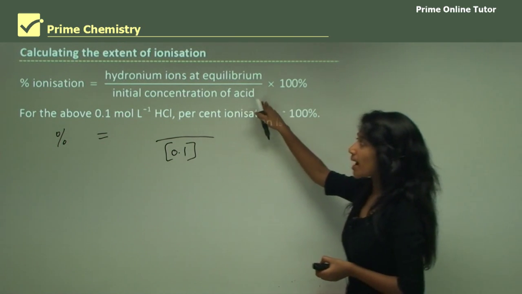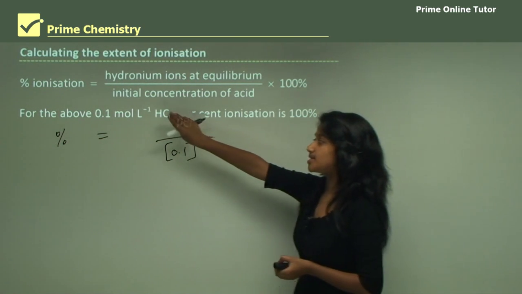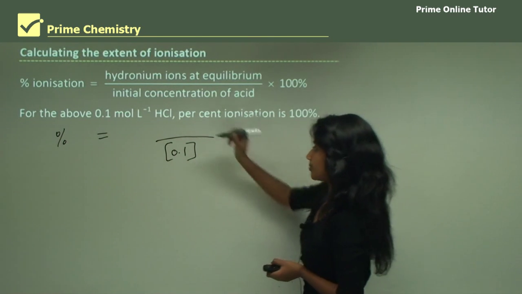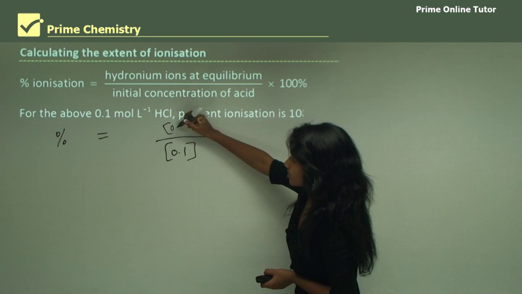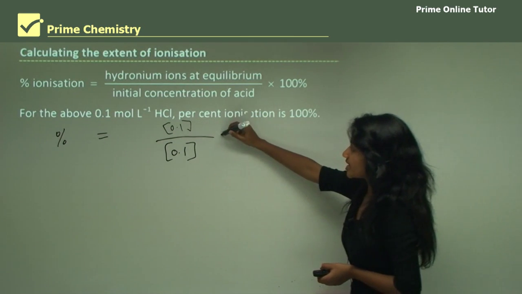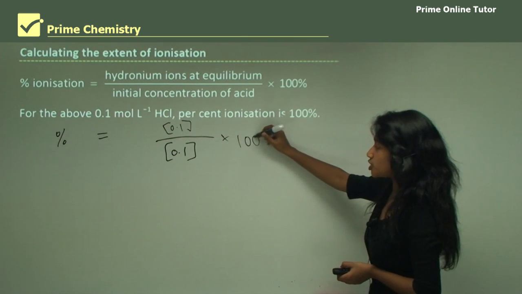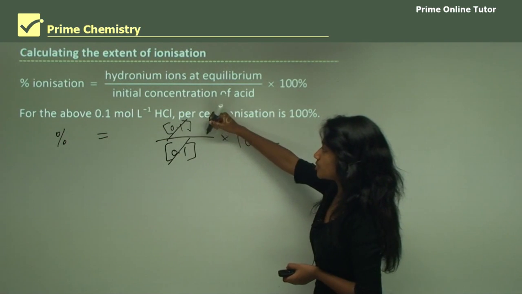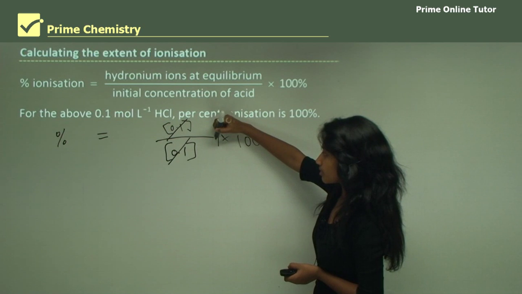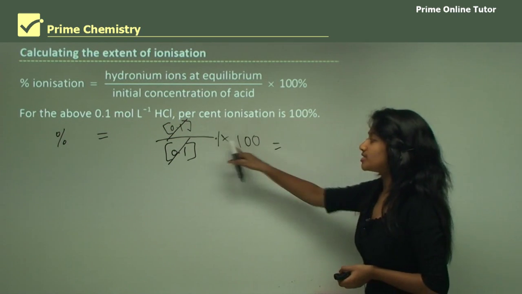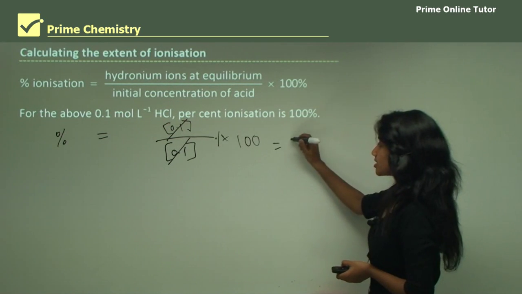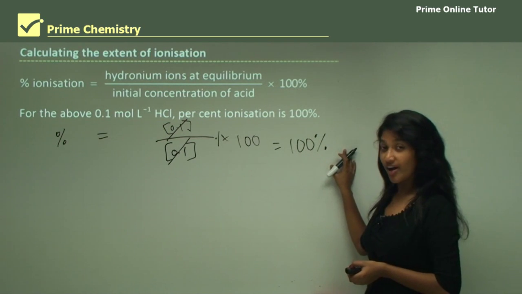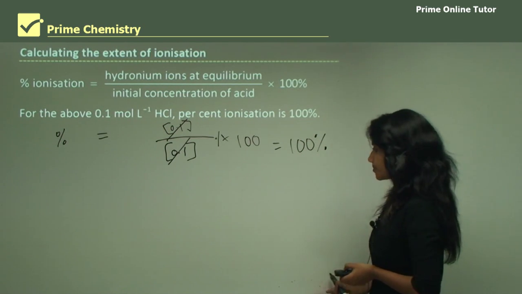Now the hydronium ions at equilibrium, because this is a monoprotic strong acid, is going to be 0.1 as well. This is going to be times by 100 to get the percentage. Now this over this would give us 1. So 1 times 100 gives us 100. And that's why the degree of ionization of hydrochloric acid is 100.